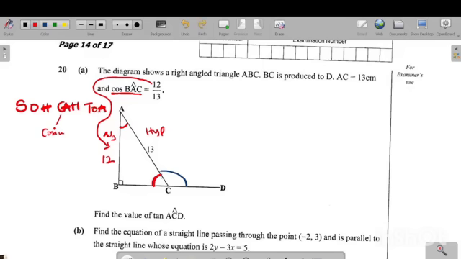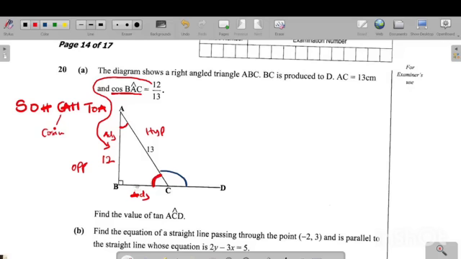Referring to this angle, the opposite is this one, and the adjacent is the side attached to the angle other than the hypotenuse. Since this side is missing, for us to find the tan of this angle we are supposed to find this side first.